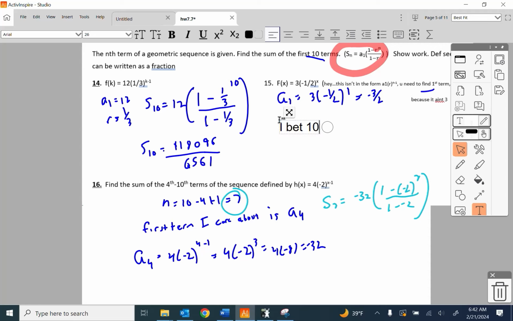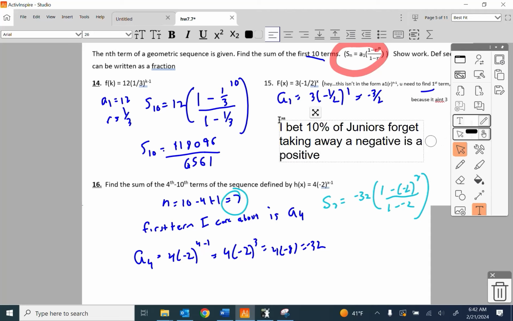I bet 10% of juniors forget, which I don't know how you do it, that taking away a negative is a positive. Blows my mind.